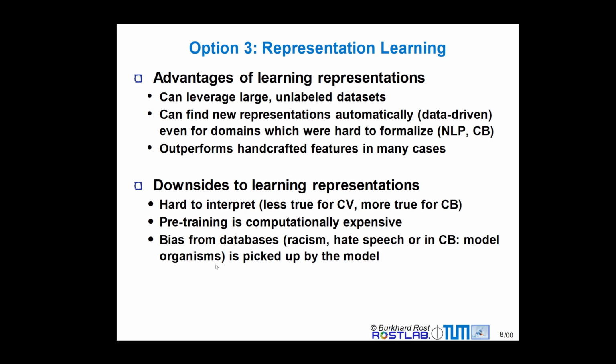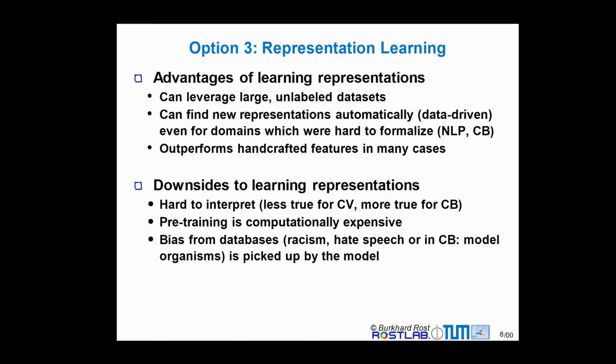And another problem of representation learning, and this is getting more and more important as more of these tools tend to be used outside any labs. As long as they were just prototypes, proofs of concept in labs, this was maybe not as bad of a problem as it is now, when suddenly the police in the US uses computer vision and automated face recognition to say whether someone is likely to be a criminal or not.